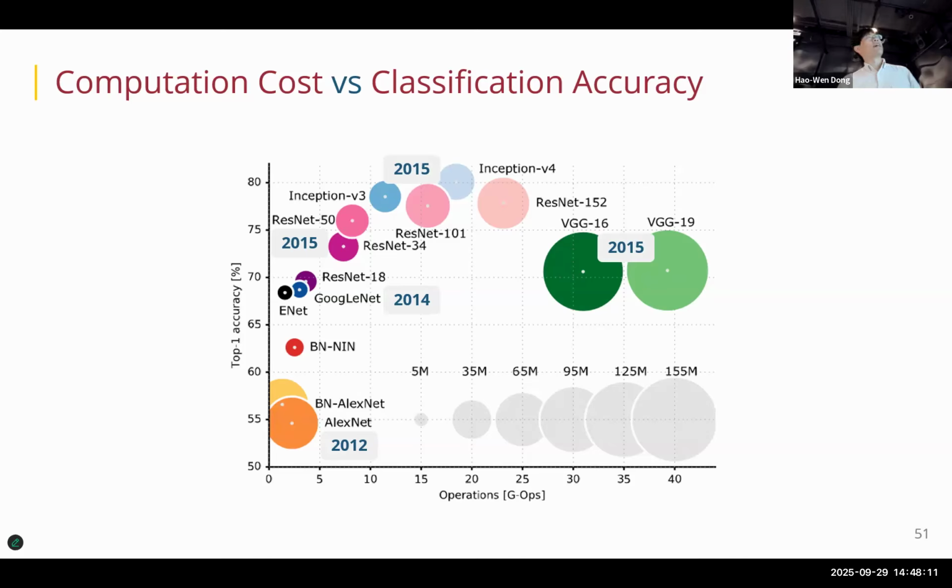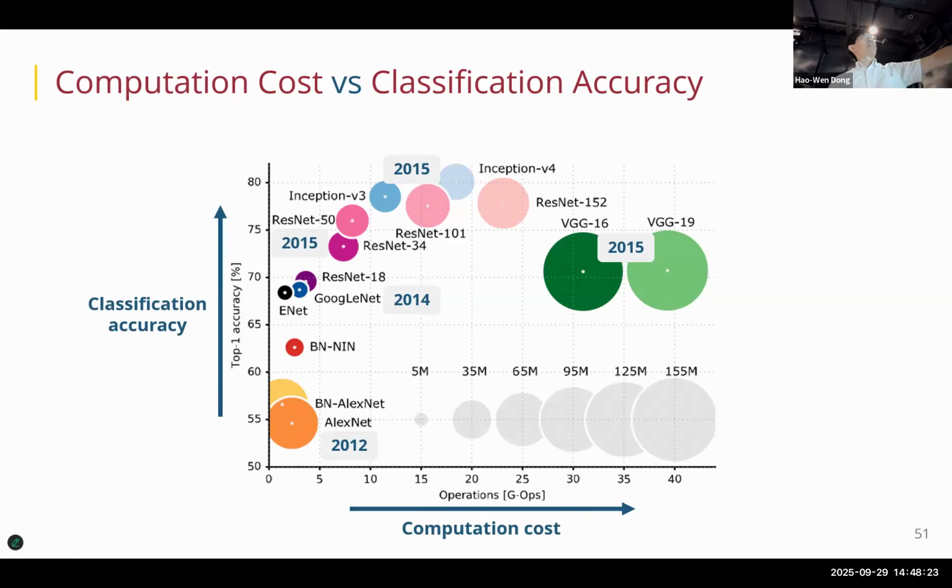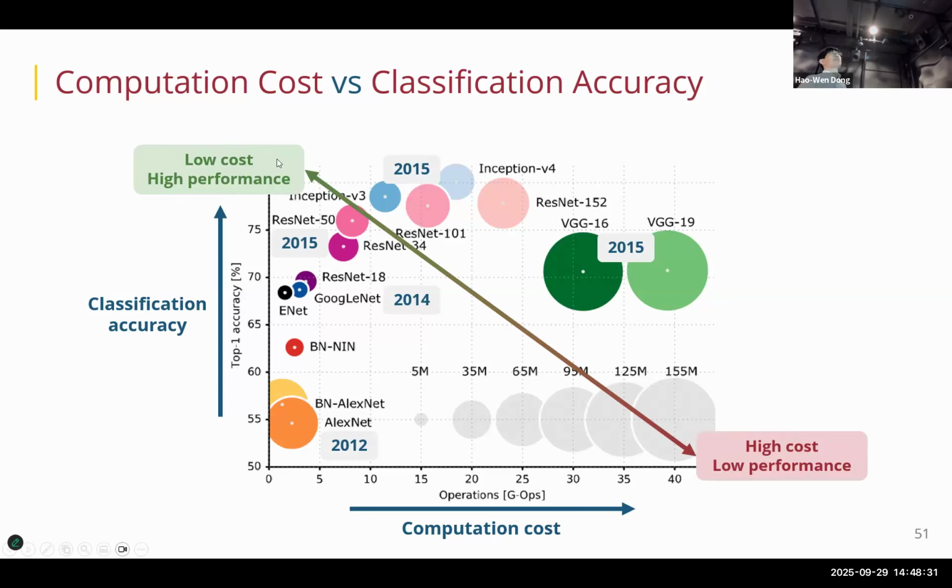And the circle size would be the size of the model. And the y-axis is the accuracy, so the higher, the better. Classification accuracy, computational cost, and the size is the model size. So at the top left is low cost, high performance. At the bottom right is high cost, low performance.